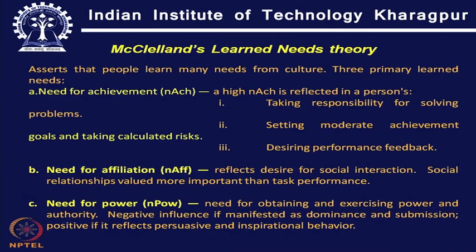McClelland told that the needs can be learned, and he gave 3 needs which can be learned. First is the need for achievement.